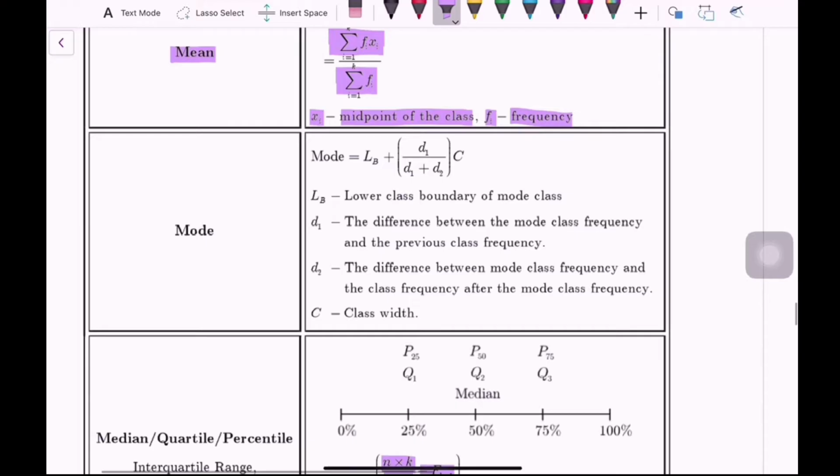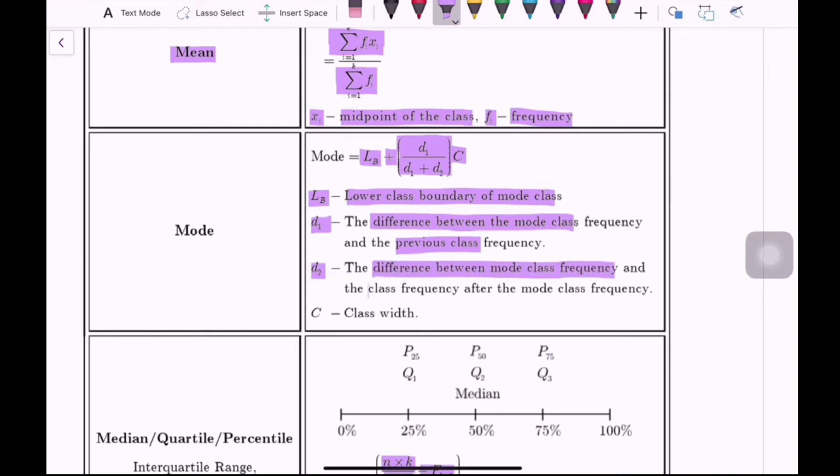For mode, the formula is LB plus D1 over D1 plus D2, times C, where LB is the lower boundary of the mode class. D1 is the difference between the mode class frequency and the frequency of the previous class. D2 is the difference between the mode class frequency and the class frequency after the mode class, and C is the class width.